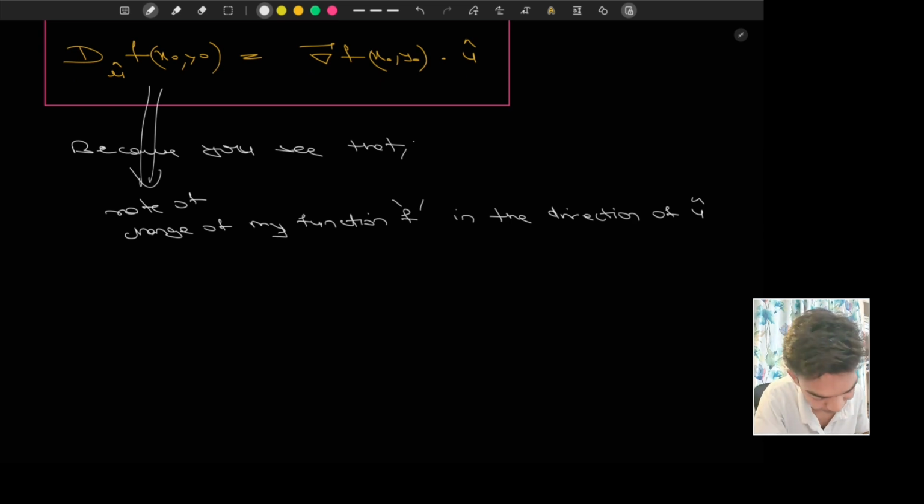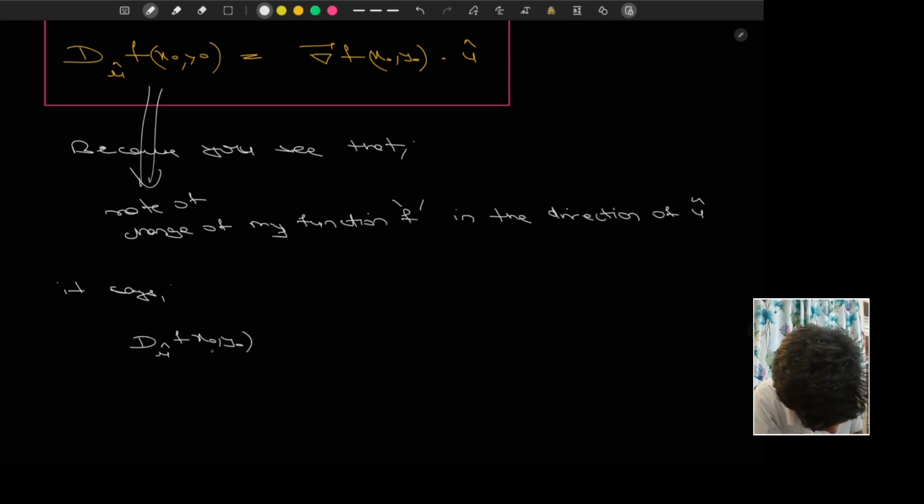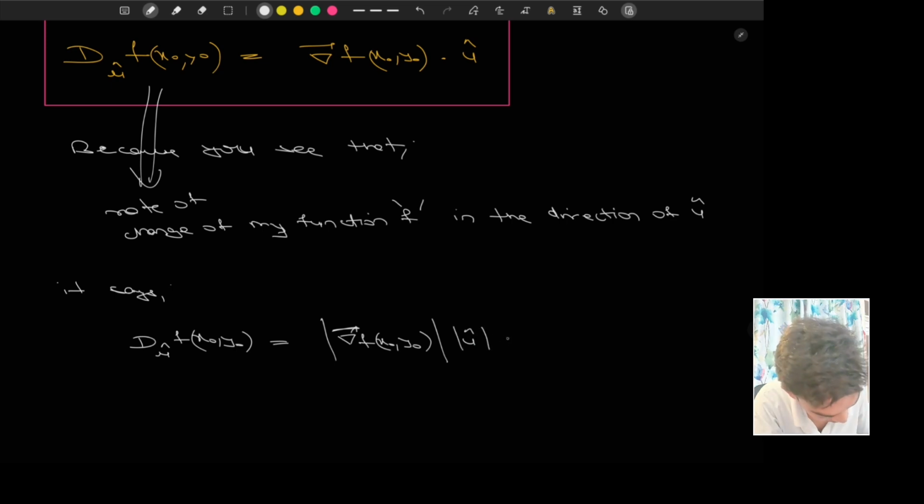Okay, so it says the directional derivative in the direction of u at a particular point x0 y0, if I write in terms of magnitude and cosine theta, is the magnitude of the gradient at x0 y0 times the magnitude of u times the cosine of theta, where theta is the angle between u and the gradient.